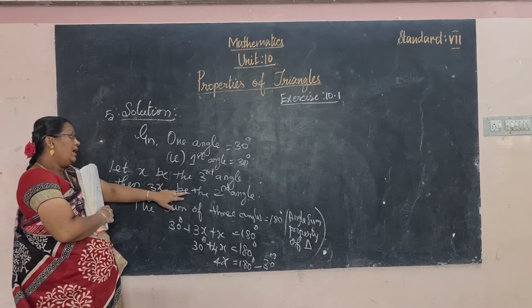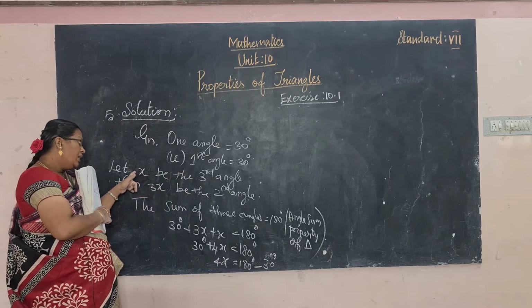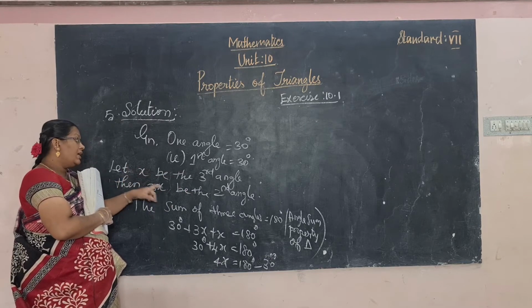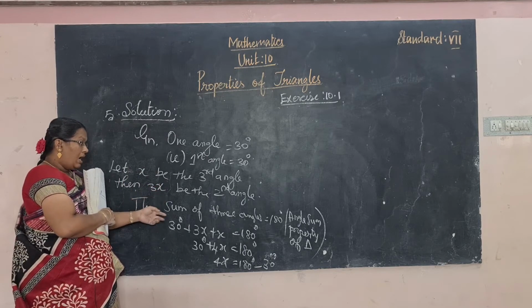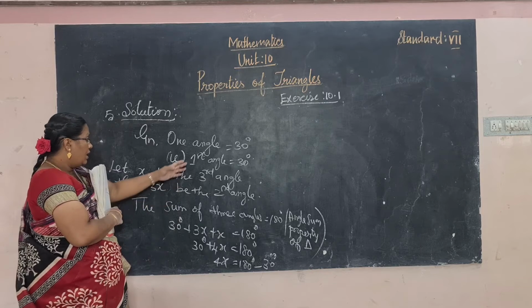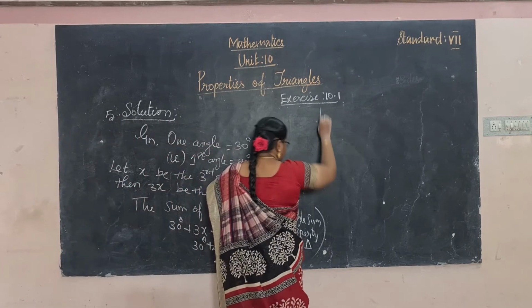The second angle is thrice the third angle. So if the third angle is x, then the second angle we can write as 3x. After using the angle sum property on these three angles, we have to find the value of x.